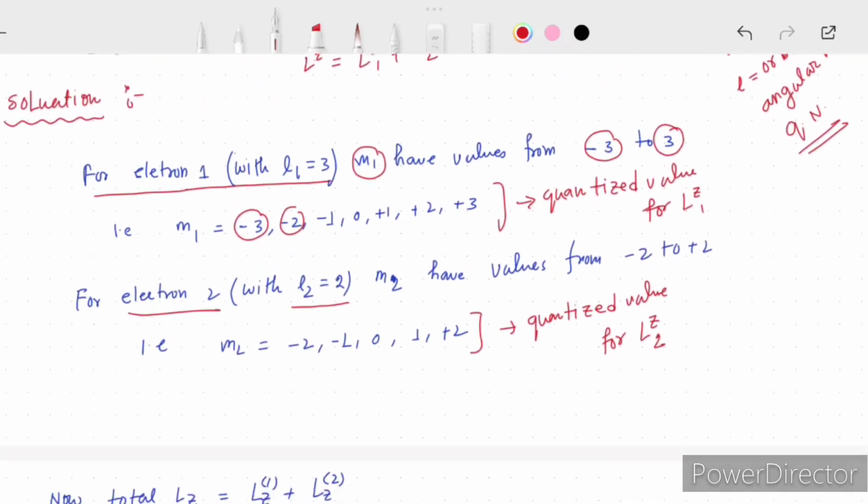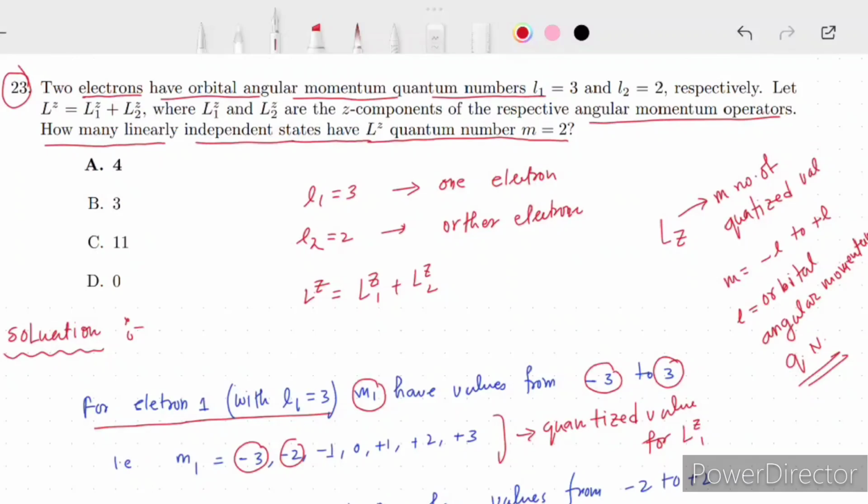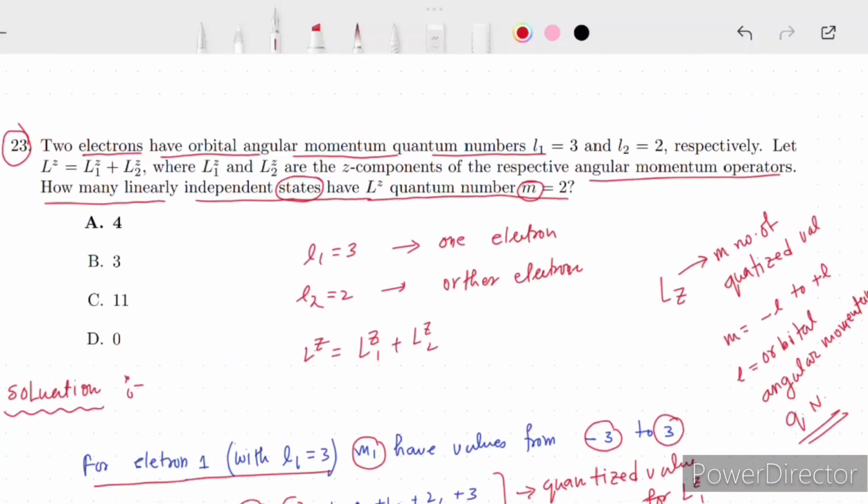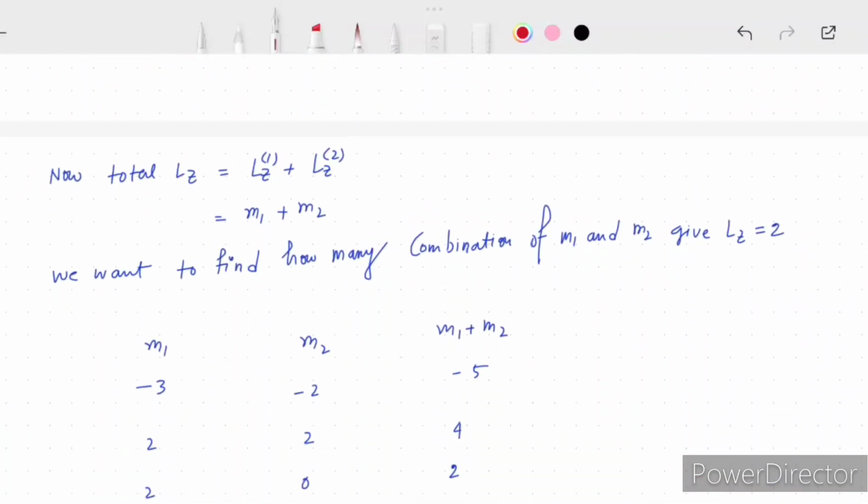Now they ask how many linearly independent states we get when M equals 2, where M is nothing but M1 plus M2.